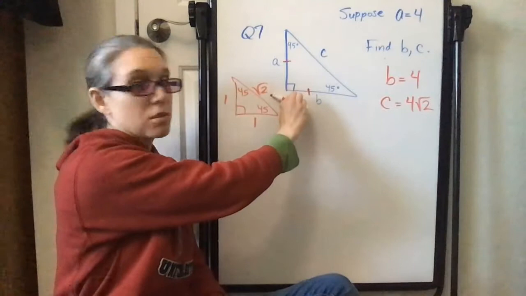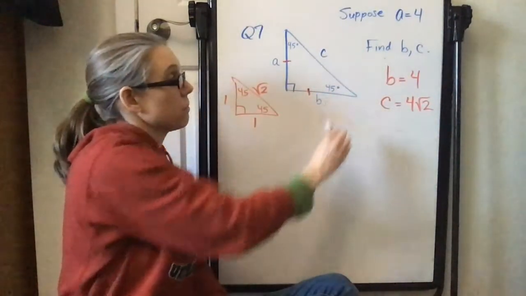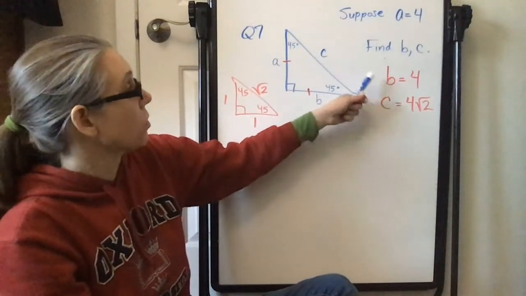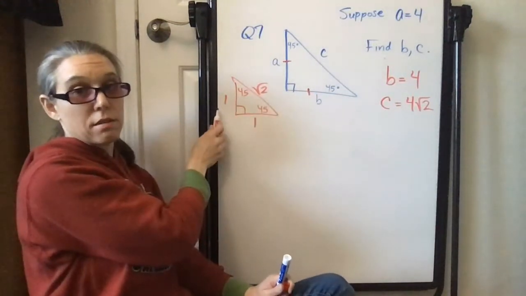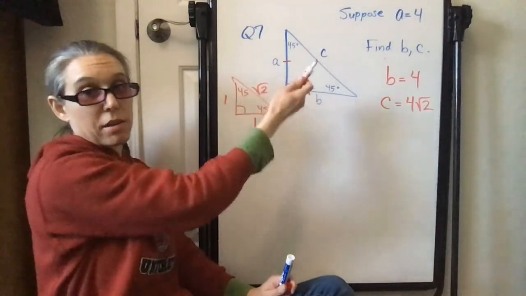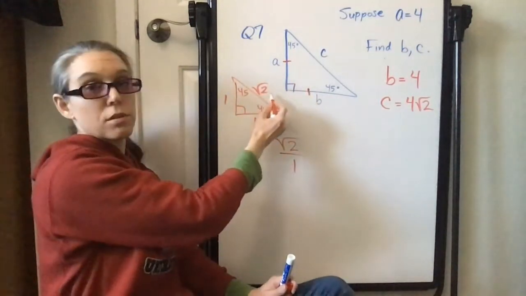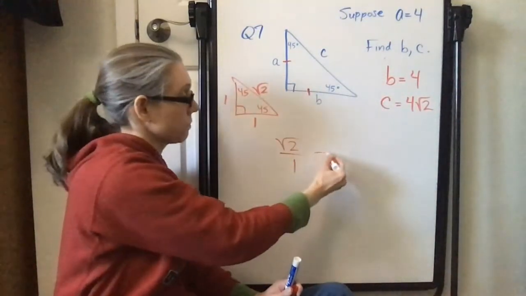So the square root of 2 is to 1 as C is to B. Okay, but we don't know C and B. What we can do is use B is equal to 4. But you could also do it this way. Square root of 2 is to 1 as C is to A, right? You could do it that way too.